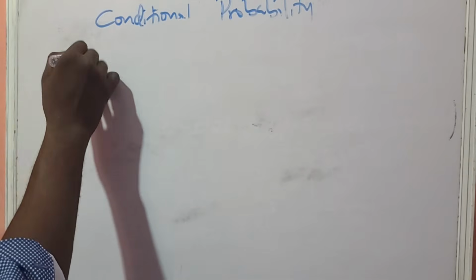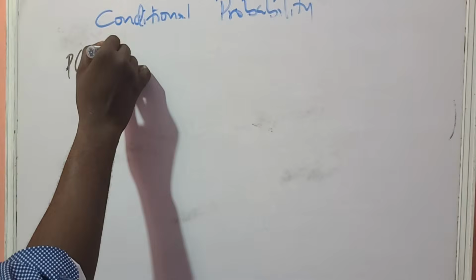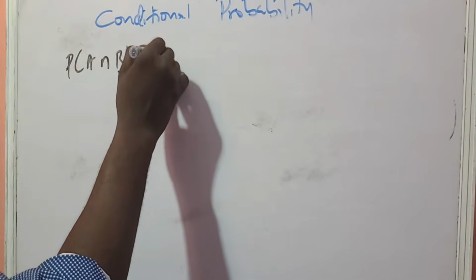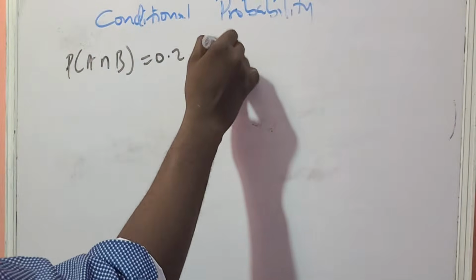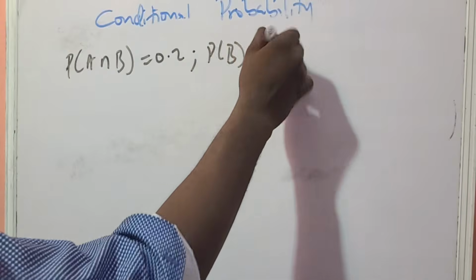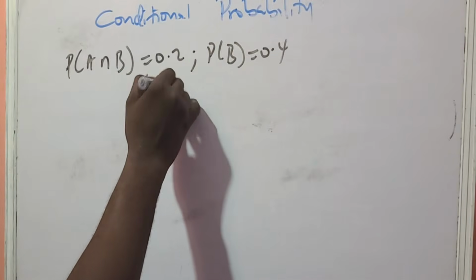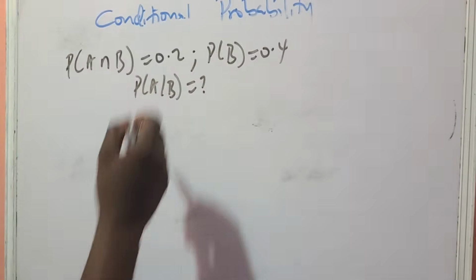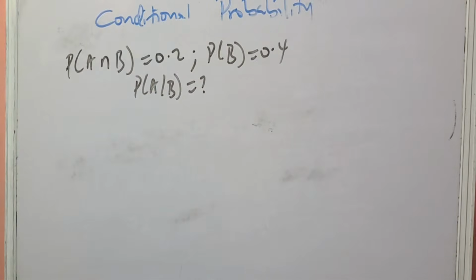So I think we have solved something similar, but just to refresh your memory, A intersection B is 0.2, probability of B is 0.4, probability of A given B. Just 1 second, give me your answer and let's move on.